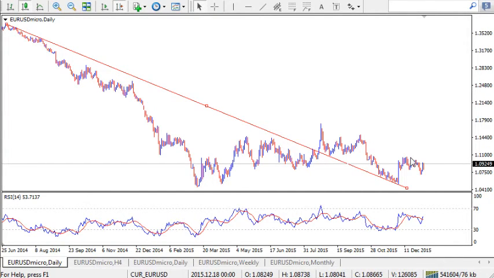So we start to consider another scenario, since there is clear divergence between prices and the momentum indicator on the daily chart. There is another scenario that this downtrend is actually finished here.